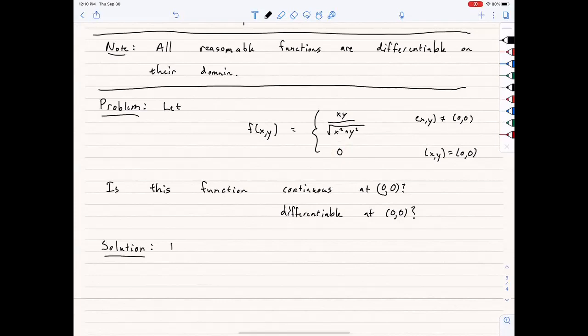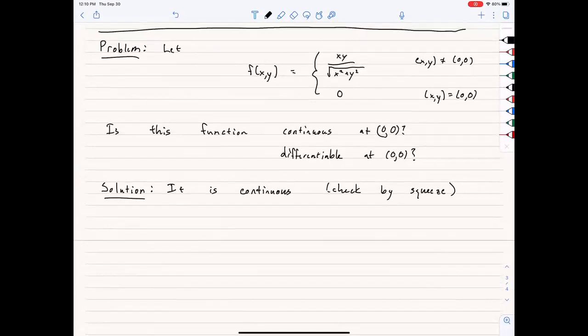So it is continuous, and we can see that in a more formal way by using polar coordinates and the squeeze theorem. Check by squeeze. Just take f of r, theta. This is going to be r cosine theta, r sine theta, that's x and y.